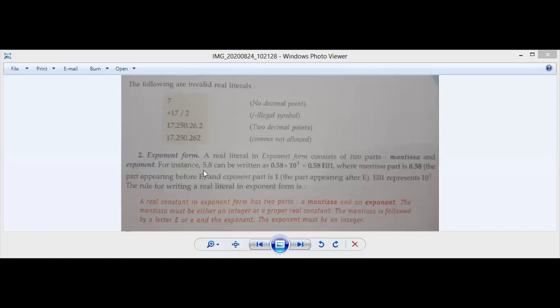If you multiply 10 power 1 by 0.58, it equals 5.8. So 0.58 times 10 power 1, and 10 power 1 can be written as E01. E stands for exponent, the exponential value.